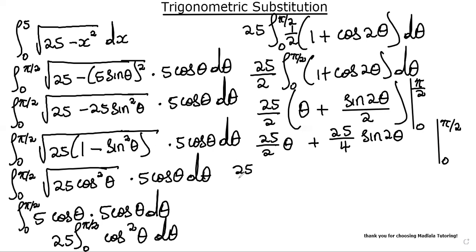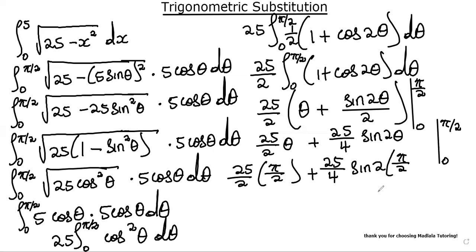So when you substitute the upper limit, you have 25 over 2 times pi over 2. And here you have 25 over 4. Then sine 2 into pi over 2. Well, for the first one, 2 by 2 is 4, so you get 25 pi over 4.